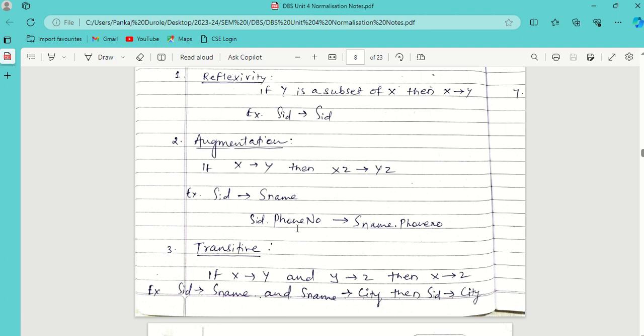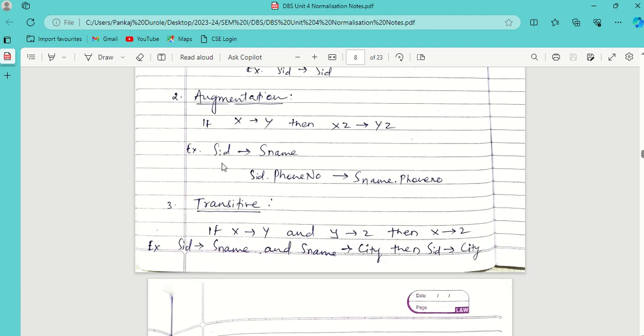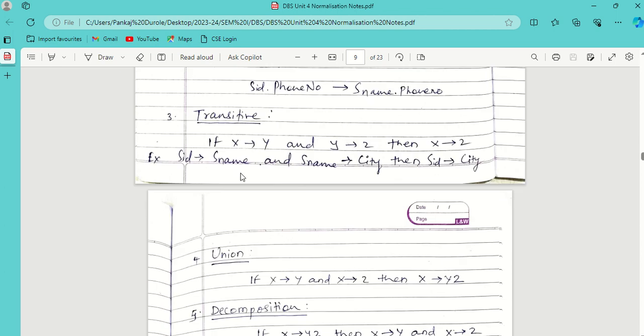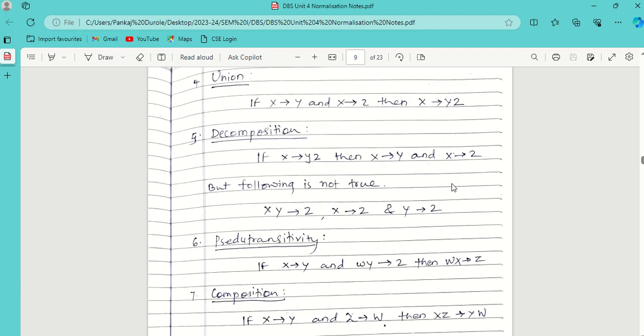SID dot phone number will always determine S name dot phone number because S name is determined by SID. Transitivity. If X is determining Y and Y is determining Z, then X will determine Z. For example, SID is determining S name, S name is determining CT, then SID will determine the CT.